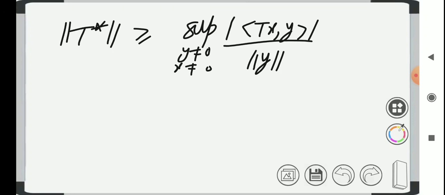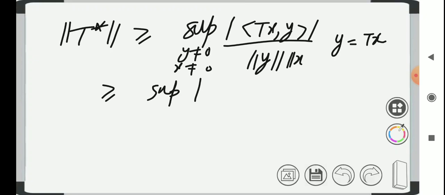If we simply replace y by Tx, this inequality should still hold, that is, it should be greater or equal to the supremum over all vectors, because we are fixing a particular value and here we are taking the supremum over all vectors. Here the norm of x was also there, because it was the norm of f_y, so we should divide by the norm of x.